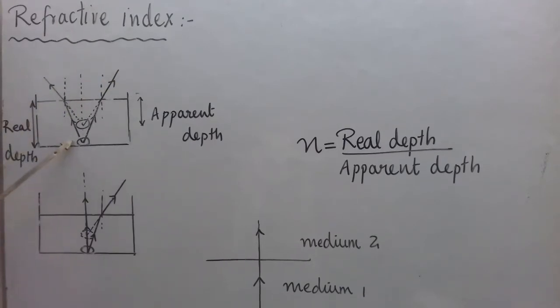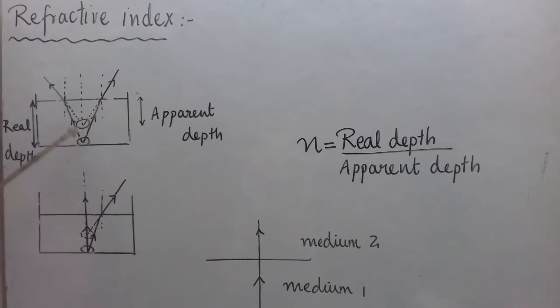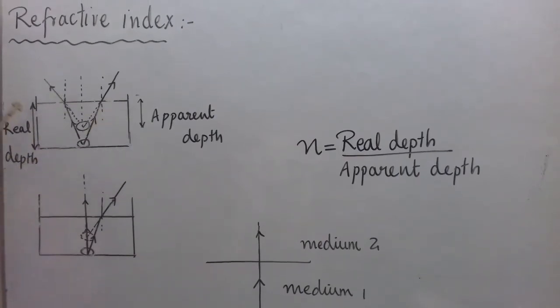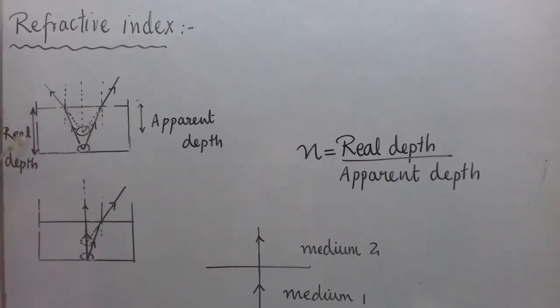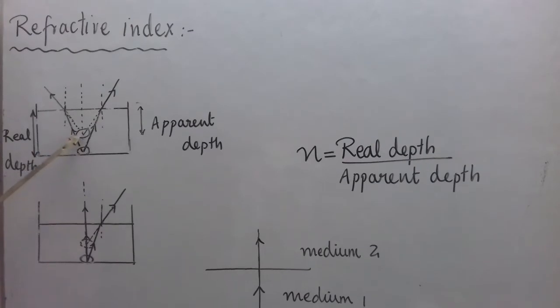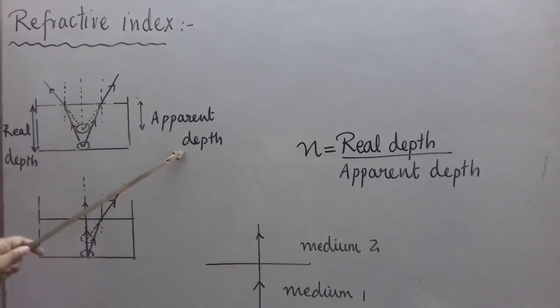So in other words, we can say that the bottom of this vessel appears to be raised, as I have told you in the case of the swimming pool. This depth is the real depth. And this depth, the distance from the image of the coin to the upper surface, is the apparent depth.